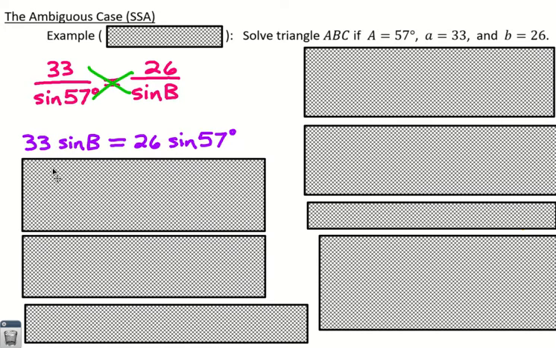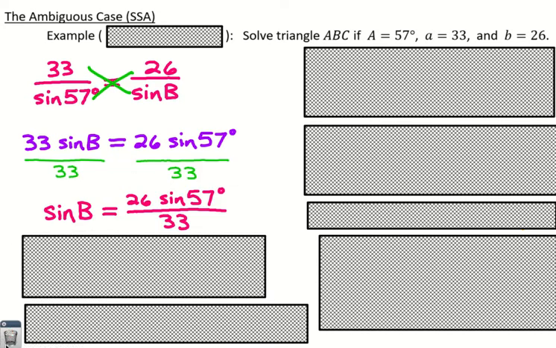I guess just divide both sides by 33, but that doesn't get angle B by itself. It gets the sine of angle B by itself. So what do we do with this? Because we want to know what B is, not the sine of B.